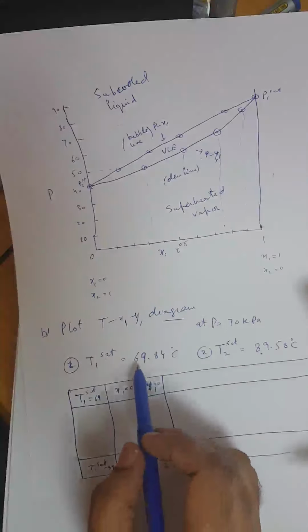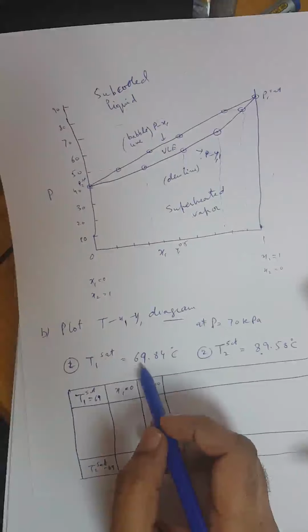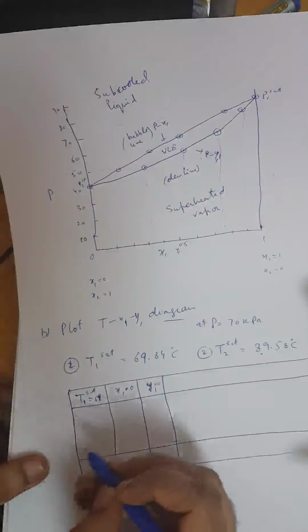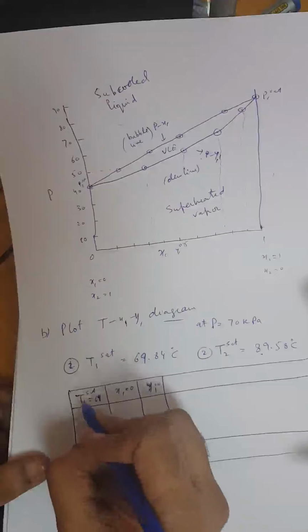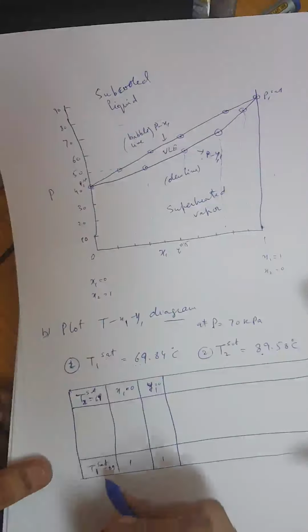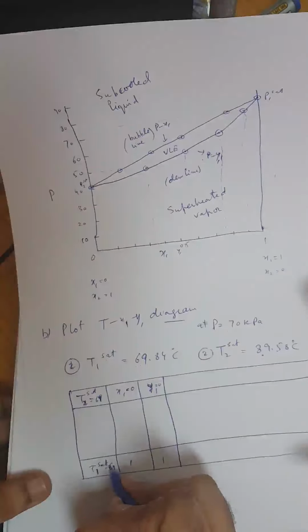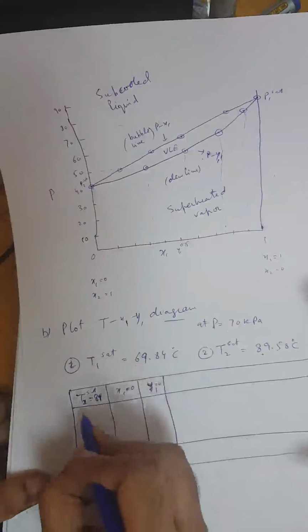So better if you divide this equally spaced, like 69, another point you can take, like I have taken 74. So T2 set is at x1 equal to 0, and this one is 89. So it will be 69, this will be 89. Because x1 is 0, it shows T2 set.